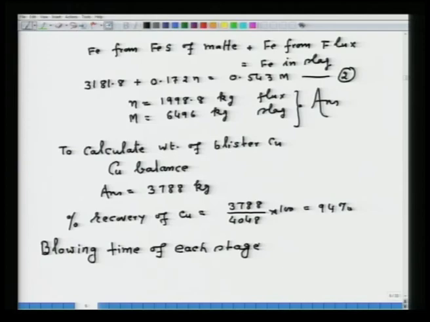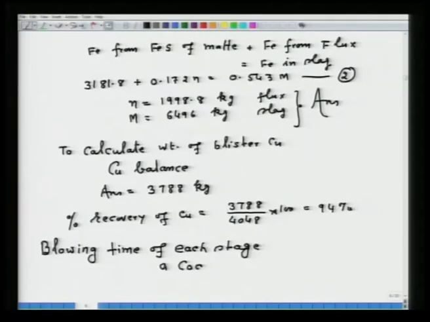Now, each stage means, as in other problems, we have a slag formation stage and a blister copper formation stage. Here, prior to the blister copper formation stage, we have two stages: one is the coating stage and another is the slag formation stage.